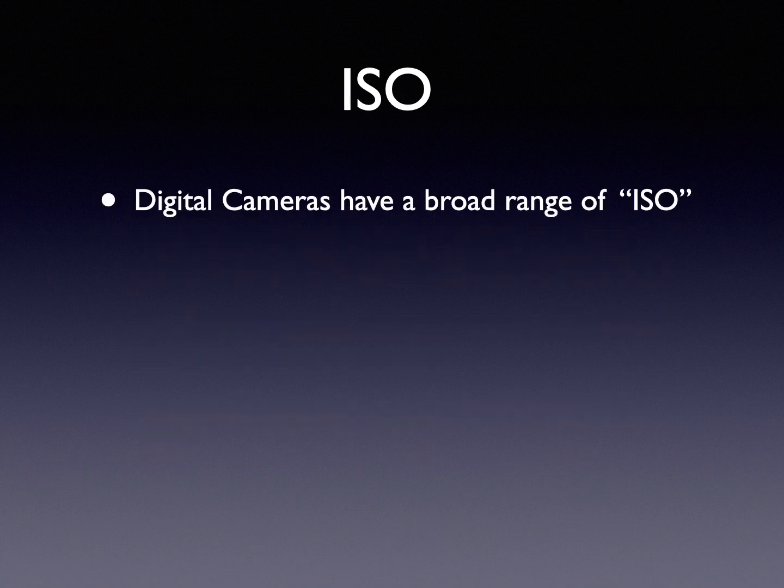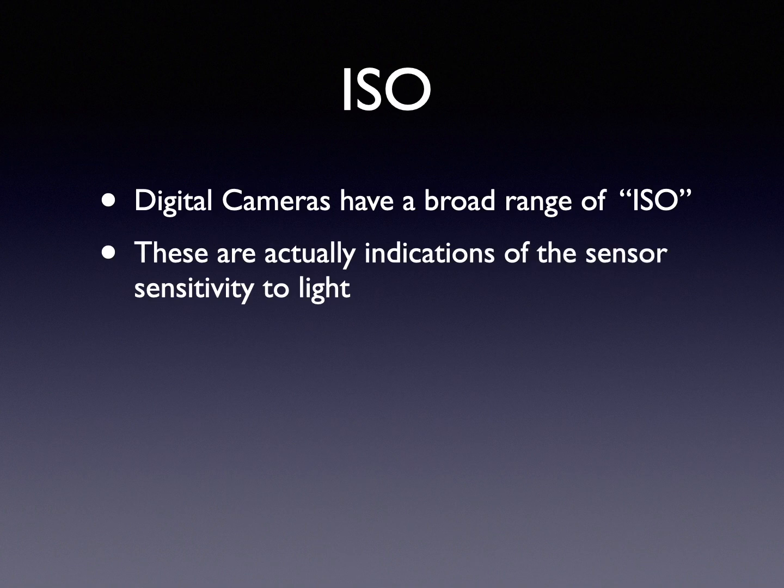Digital cameras have a broad range of ISOs, much broader than film. And these are, again, actually indications of the sensor sensitivity to light. They're not actually using that old film ISO standard, but it gives you an equivalent that people that were switching from film to digital understood.